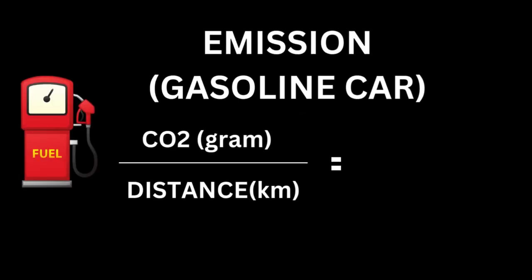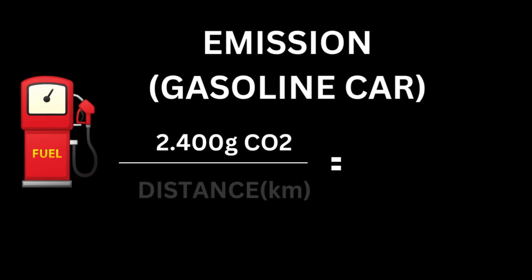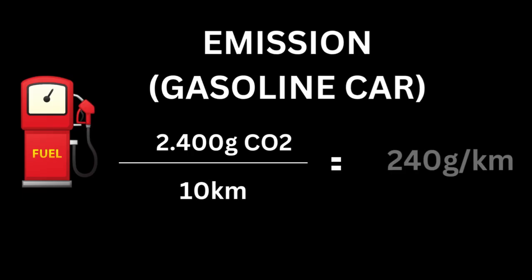We know that the gasoline car creates 2.4 kilograms of carbon dioxide, and that is the same as 2,400 grams of carbon dioxide. That can be used for traveling 10 kilometers, so we will divide it by 10, and then we will get 240 grams per kilometer of carbon dioxide. And that means for each kilometer, the gasoline car will create 240 grams of carbon dioxide.